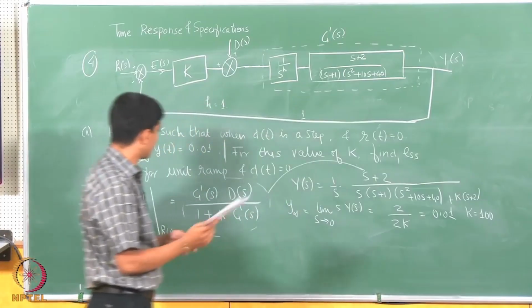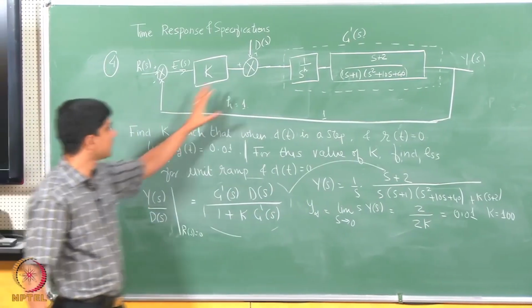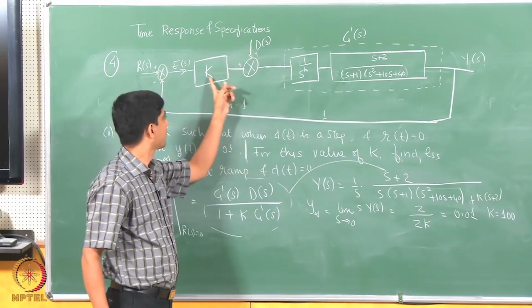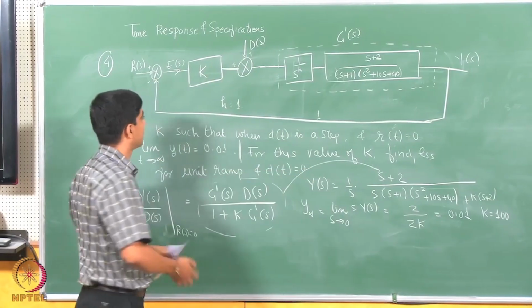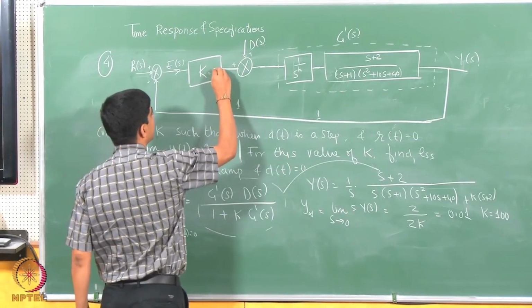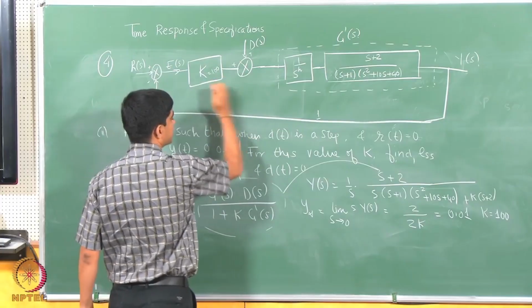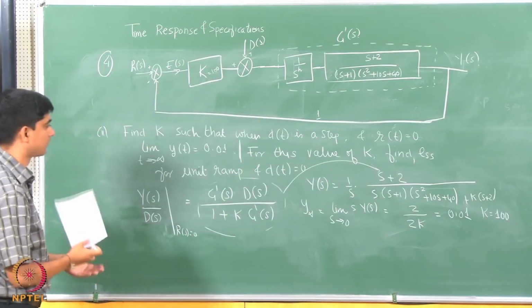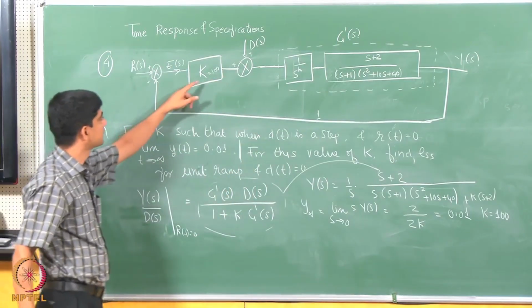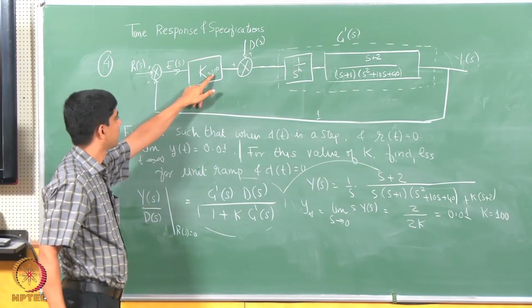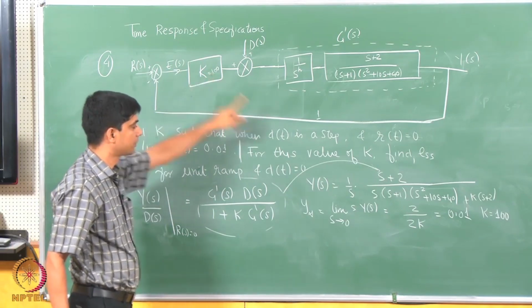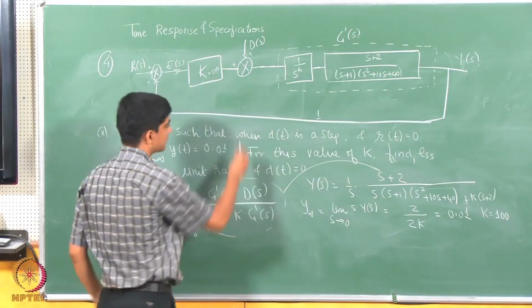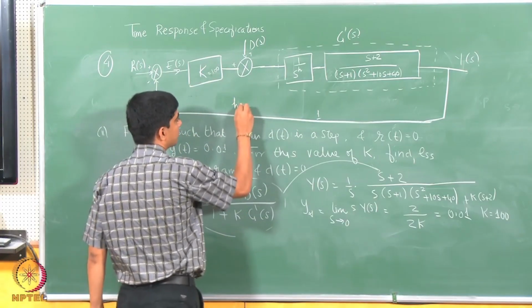Now, in the second part, assume there is no disturbance, and I take this value of k to be 100. I am not even interested in what the value of h is at the moment, so this 100 was computed. So, h will actually be equal to 1.